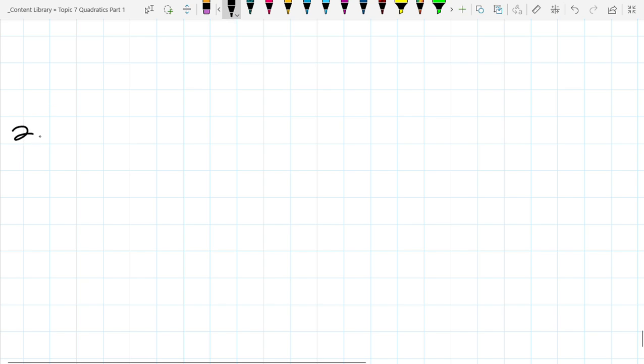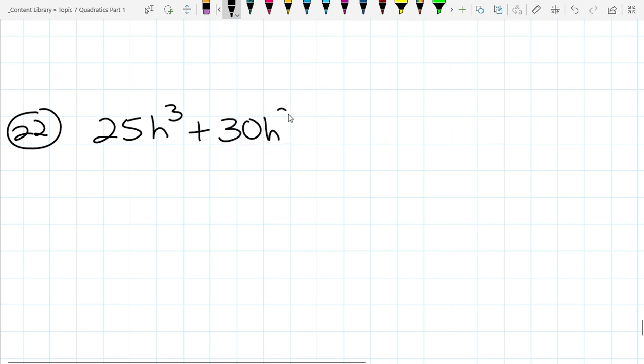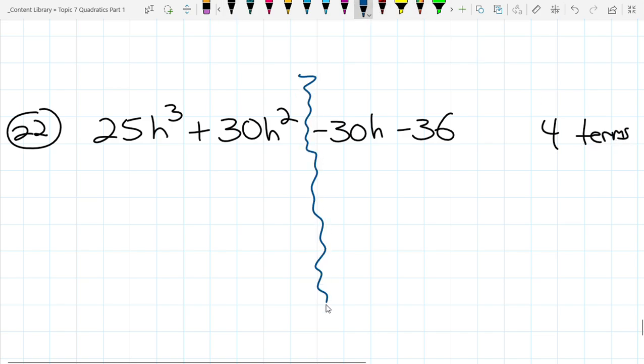For 22, we have 25h to the 3rd plus 30h squared minus 30h minus 36. We look for a GCF. We don't have one. Factor by grouping? Yes, because you have 4 terms. So we're going to split it right down the middle.